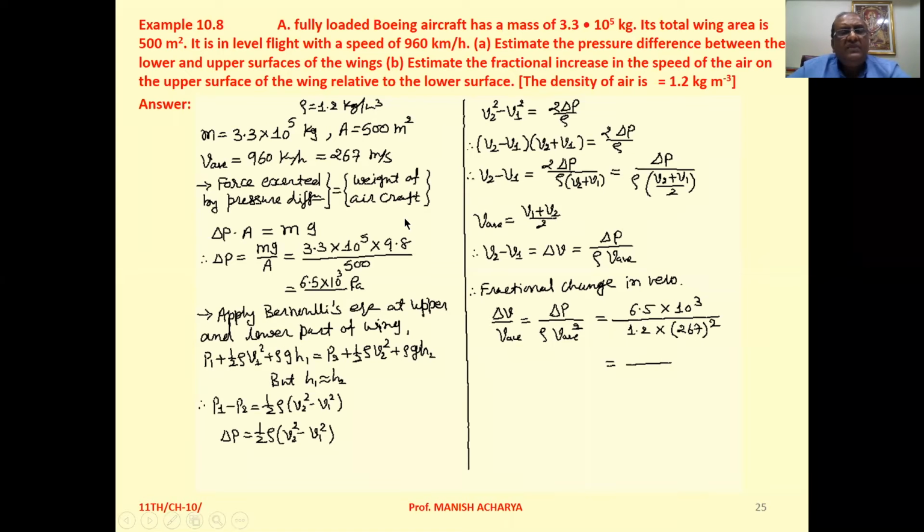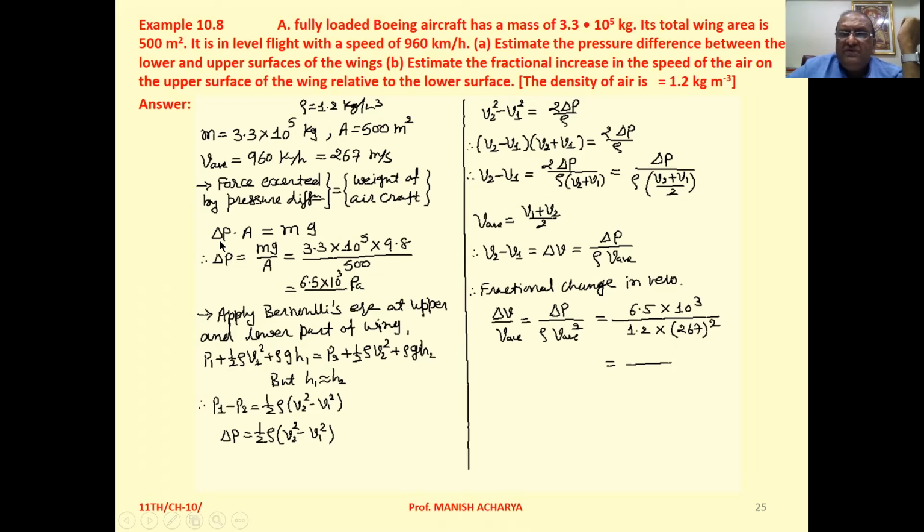Now see, when level flight is there, it implies that the weight of the aircraft is balanced by the force exerted by the pressure difference. Only then can it remain perfectly horizontal, right? So force exerted by the pressure difference is equal to the weight of the aircraft.